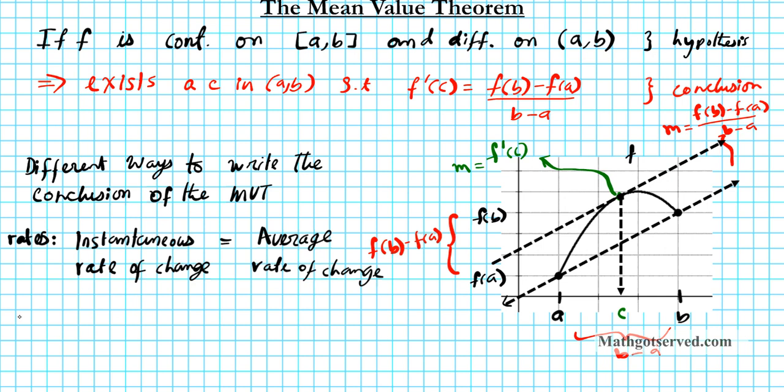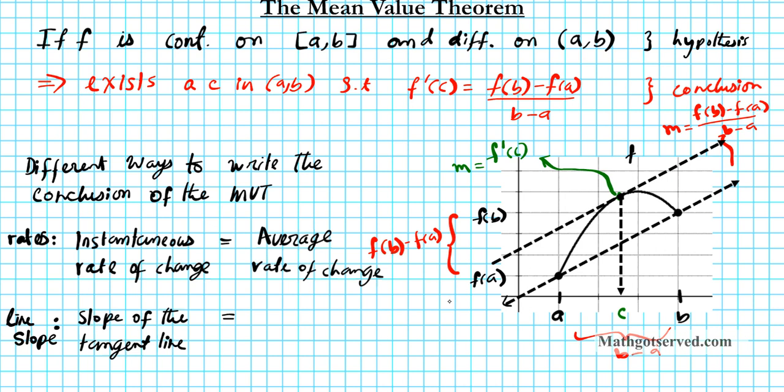Another way that it can be written is using the line slope expression, the slope of a line. What does this represent? This represents the slope of the tangent line. The conclusion is that the slope of the tangent line is equal to the slope of the secant line, this line we're talking about right here.